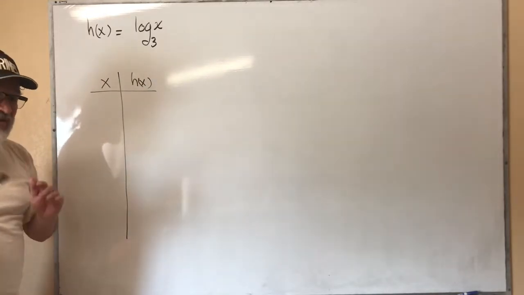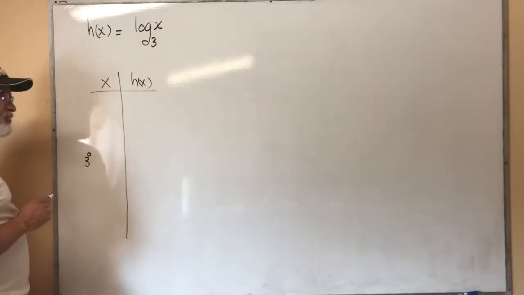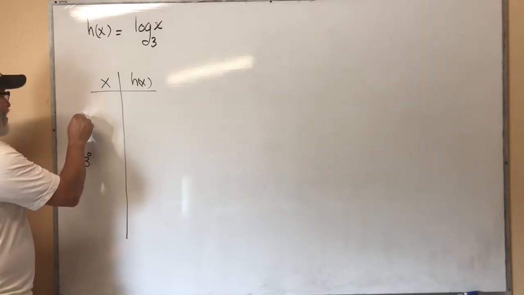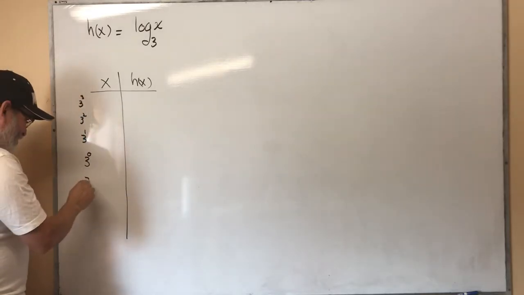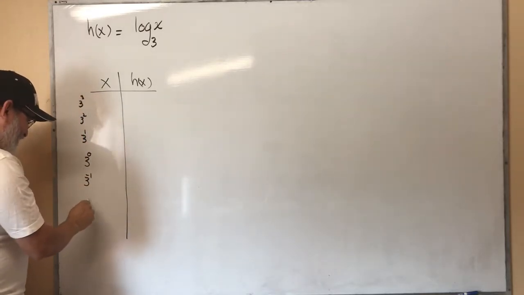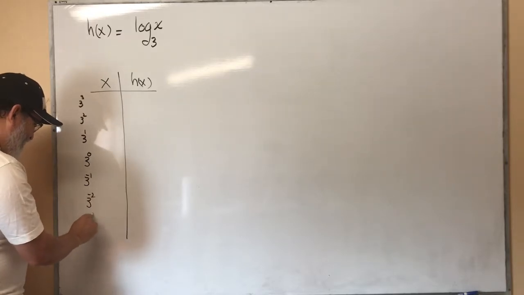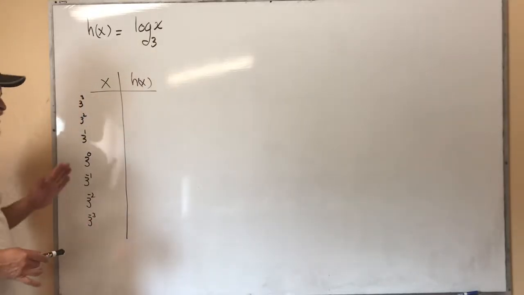You got to pick smart values. 3 to the 0. Yep. 3 to the first. 3 to the second. 3 to the third. 3 to the -1. 3 to the -2. 3 to the -3. These are smart values for x.